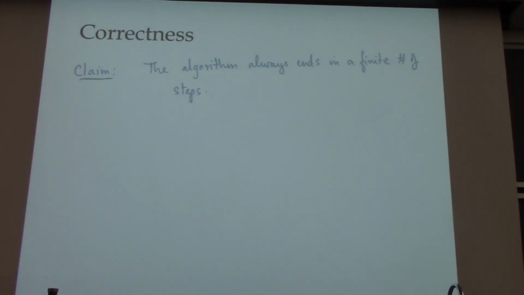So the claim that you've got to write down is the algorithm always ends in a finite number of steps. You might want to show something stronger, like actually give a bound.